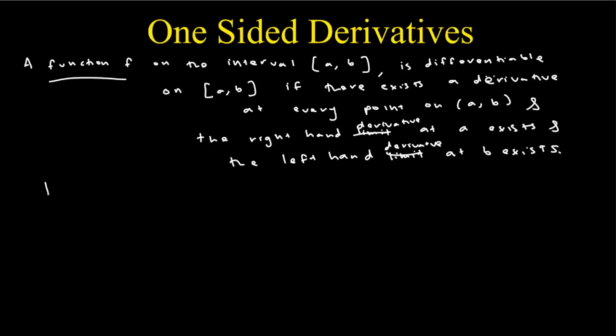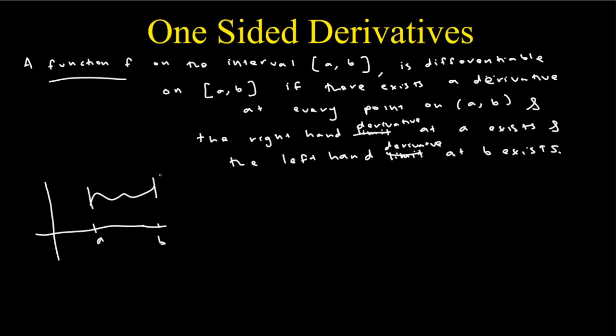Let me draw the function. Let's say we have this function, and this is point a, and this is point b. We're saying that a derivative exists on this entire interval if the function is differentiable at every single point from a to b, not including a and b, because recall the definition of derivative.